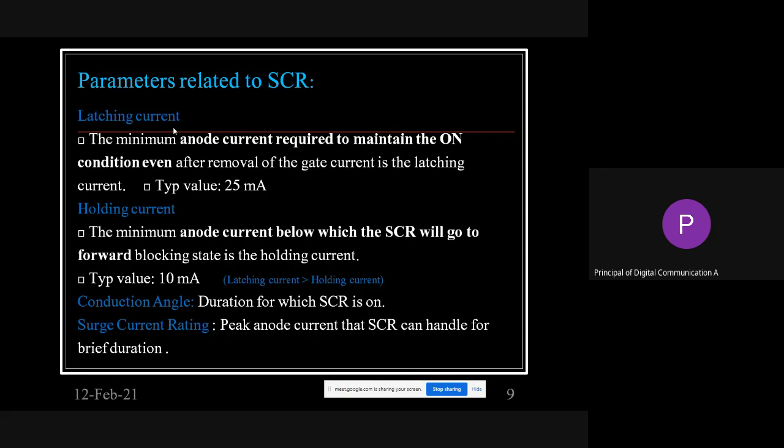The SCR will remain on. मग त्यानंतर मिनिमम किती करंट असला पाहिजे की जेणेकरून SCR ऑनच राहील? So that current is known as latching current. And the typical value for SCR is 25 milliampere. So that is a fixed one, you are supposed to remember it, as it may be asked in the MCQs.